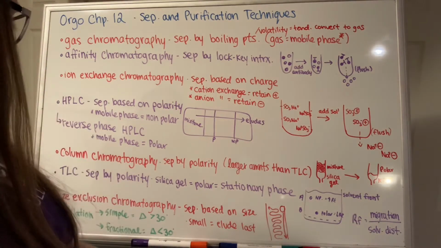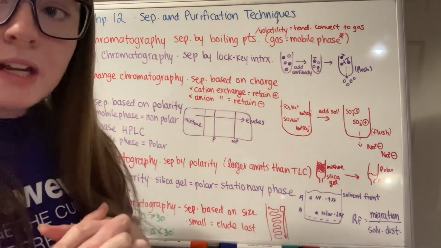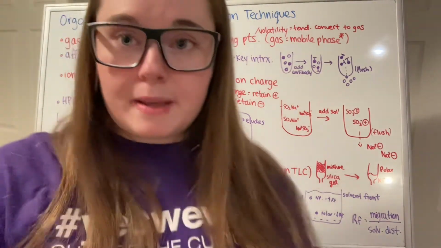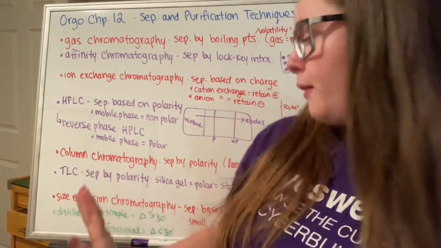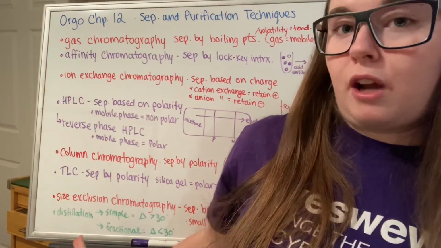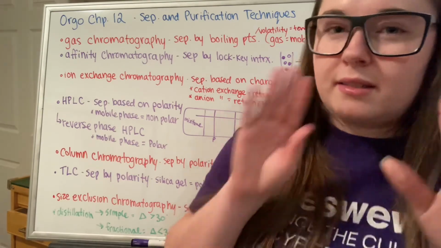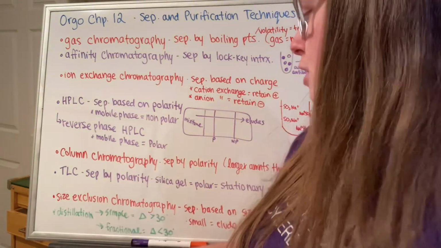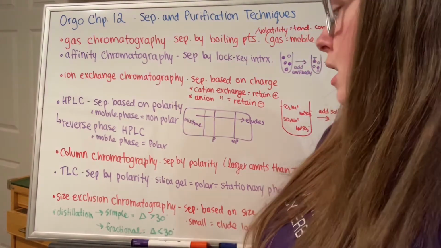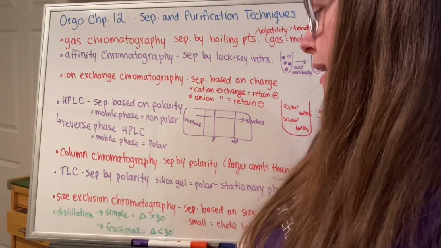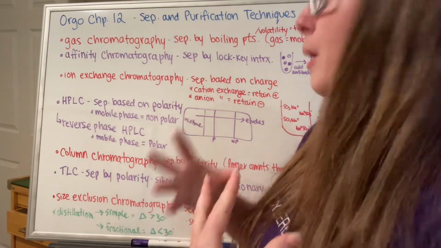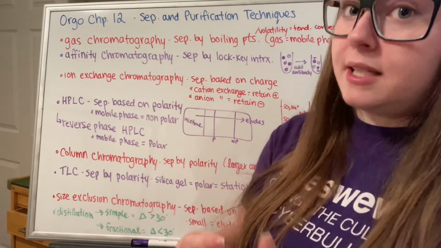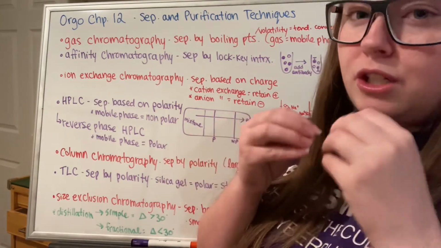Now, if we're looking at distillation, which is just another form of separation and purification that we did not write on the board, but I just wrote it there at the bottom, there's just one difference between the two types of distillation. There's simple distillation, which you would use when you have a difference greater than 30 degrees between the boiling points of your two substances that you're trying to separate.